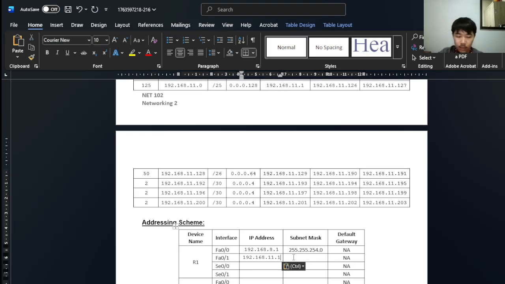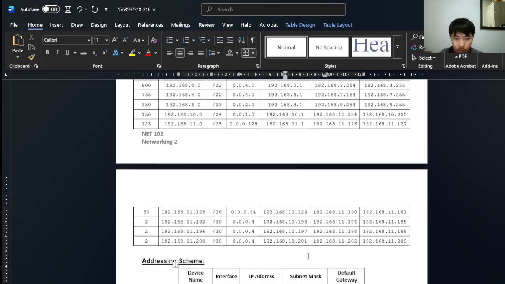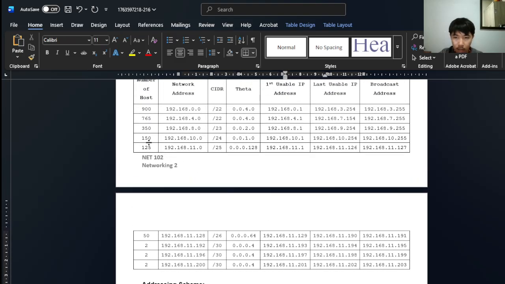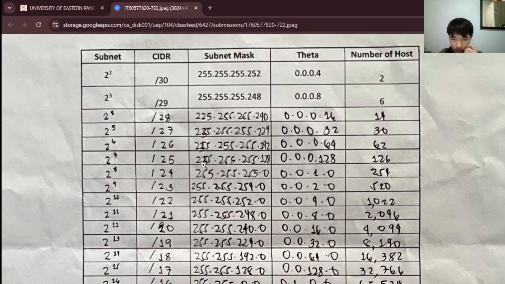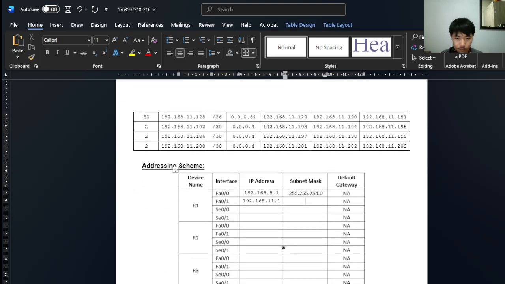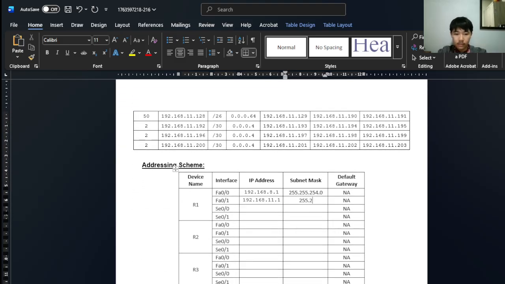Then for its subnet mask, I just look for the number of hosts and then the CIDR, /25. CIDR /25 has 255.255.255.128.